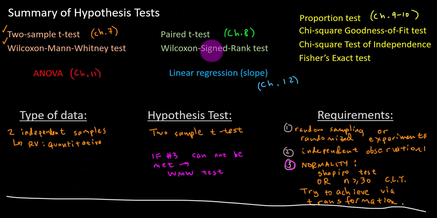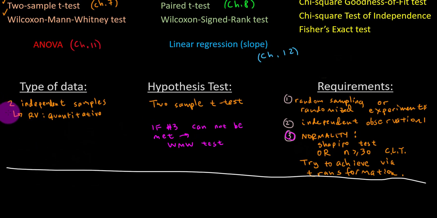What type of data do those tests apply to? Well, again, there are two samples, but they apply to paired samples where there's some sort of matching or natural pairing that occurs, possibly before and after, or maybe sibling pairs.